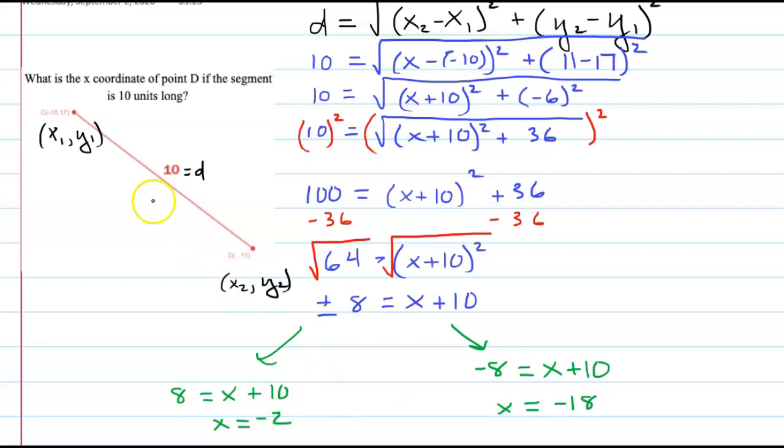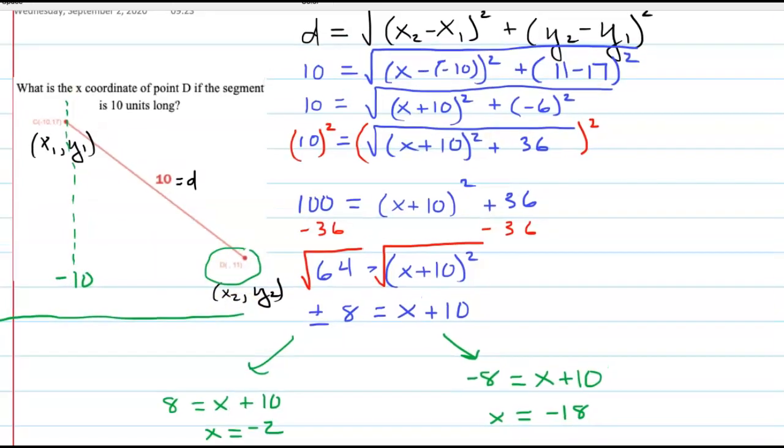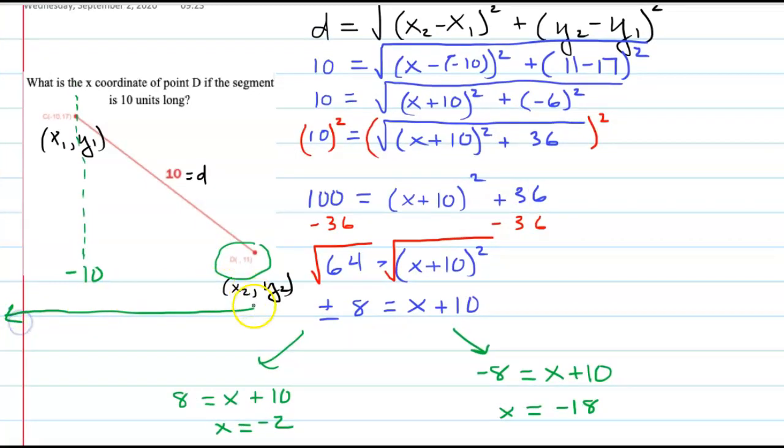I need to see which of these solutions is going to fit this problem. And so if I look at my graph here and I consider that the x value of this point is negative 10, and the point I want is over here. So if I think of my number line, if negative 10 is here, and I consider my two solutions, well, negative 2 is going to be down on this end, and negative 18 is going to be out on this end.